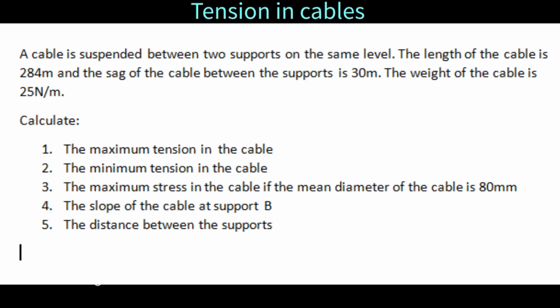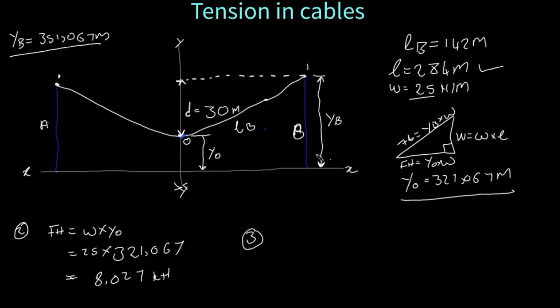And then we go to the third question. They ask for the maximum stress in the cable if the mean diameter of the cable is 80 millimeters. The maximum stress in the cable will occur where the maximum tension is. Because the maximum tension, we said, occurs at the top of the tower.